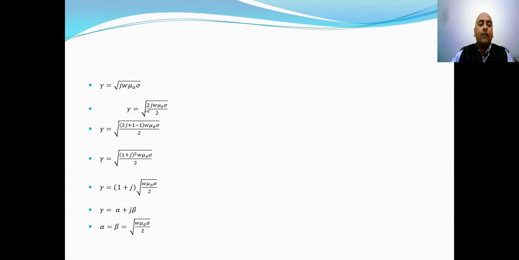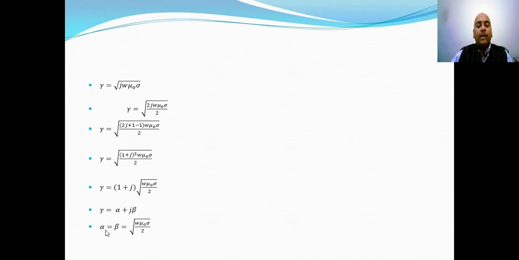That is, we are dividing and multiplying this equation by 2, and then we are adding 1 and subtracting 1, because this factor can be rewritten as (1 plus j) whole square, because (a plus b) square is a square plus b square plus 2ab. So b here is j, so j square will become minus 1. So if we take common, it is (1 plus j) square.